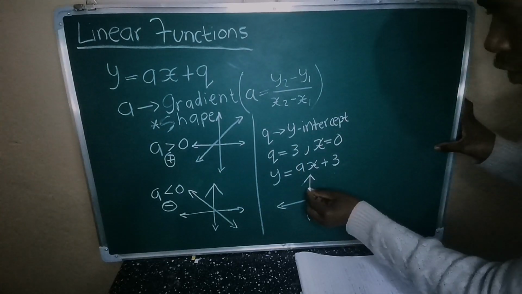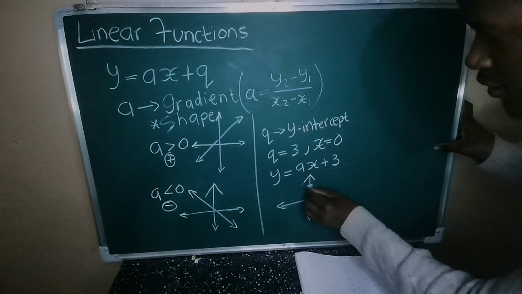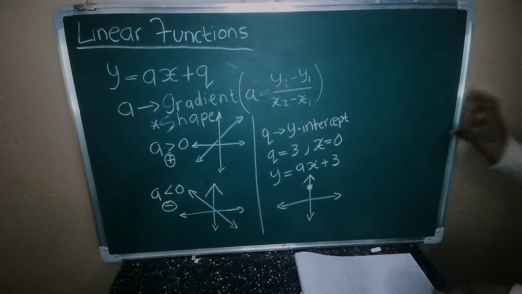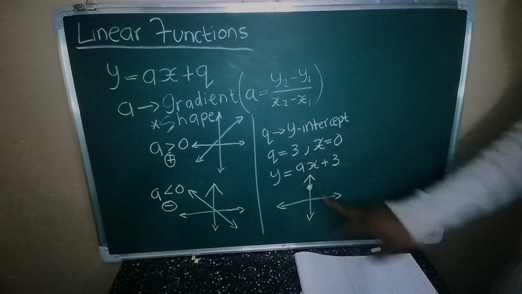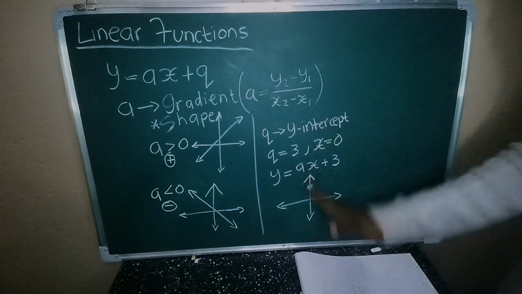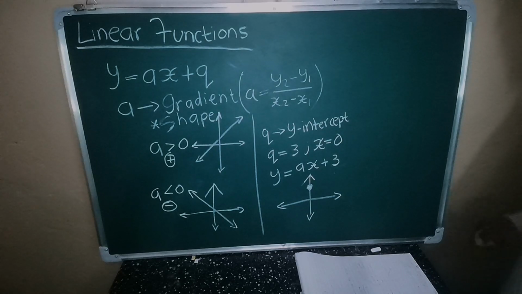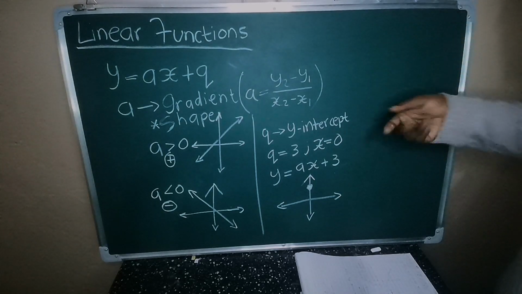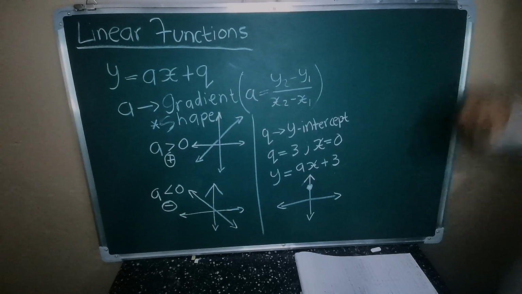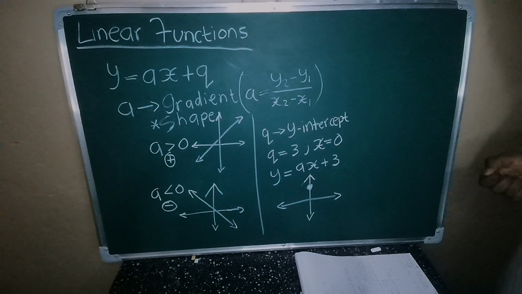Therefore the point can be like here. This is where our point will be drawn onto this y-axis line. I will talk much more about the y-intercept and the x-intercept in the next session of our lesson.